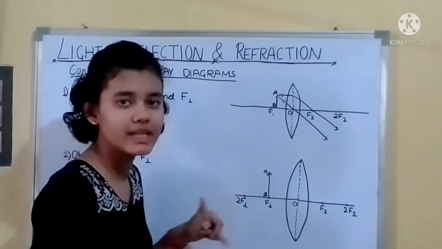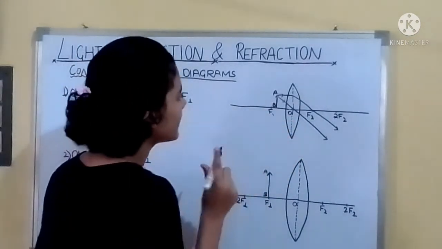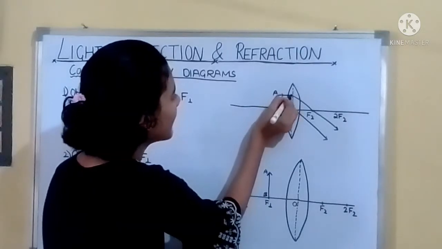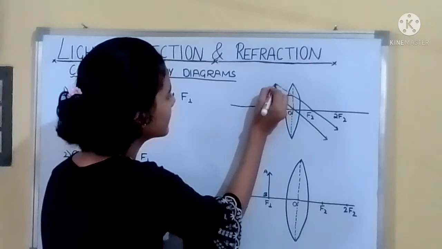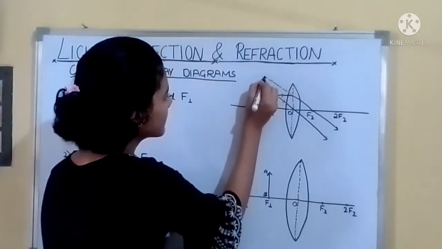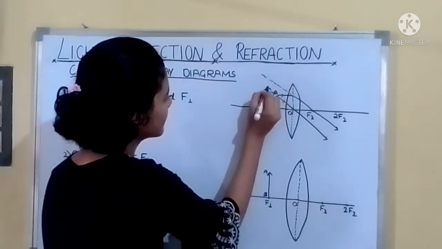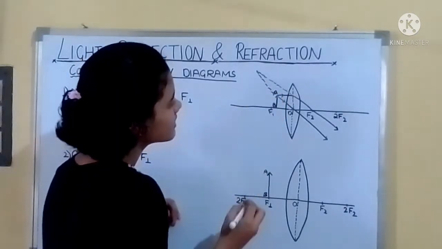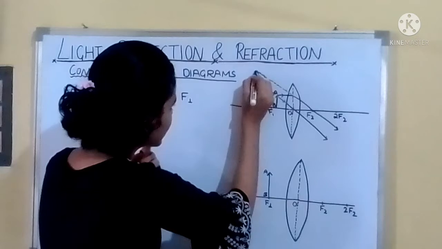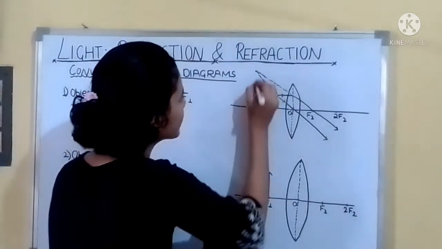Now over here you can see that these rays are not meeting, they are diverging. So if we draw the dotted line at the back, at this particular point they are meeting.